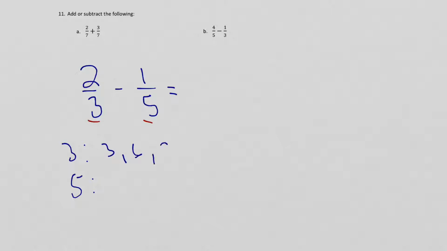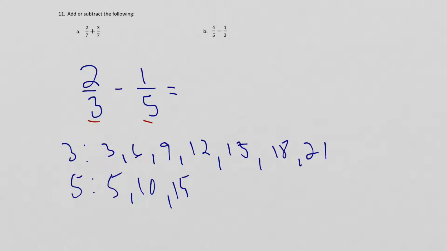So 3, 6, 9, 12, 15, 18, 21, and so on. Then we've got 5, 10, 15, 20, and we're looking for a match. The lowest number that matches in both of these lists is 15. And so what we need to do now is make both of our fractions out of 15.